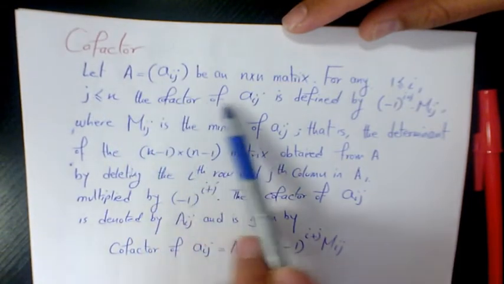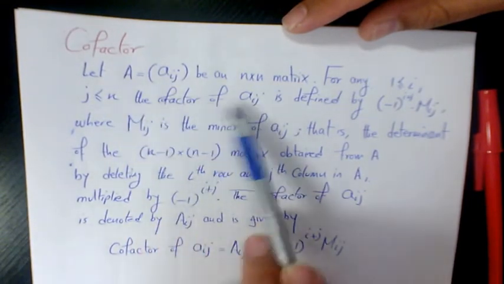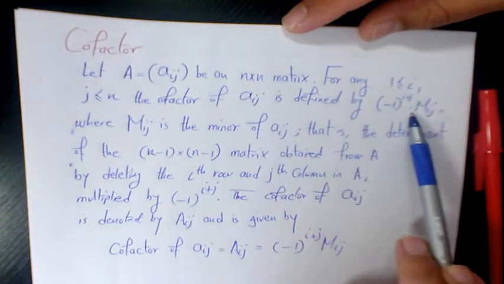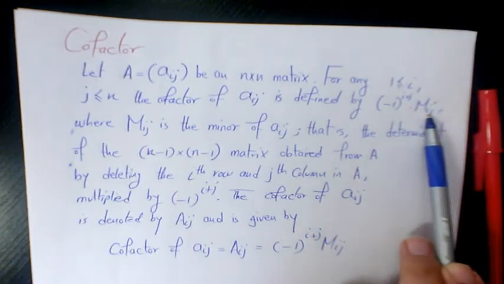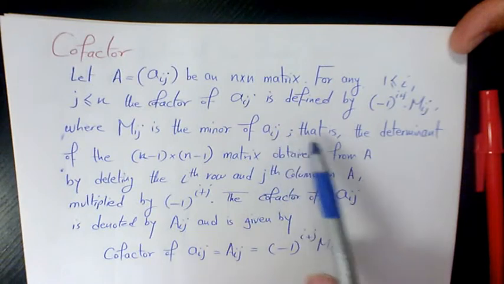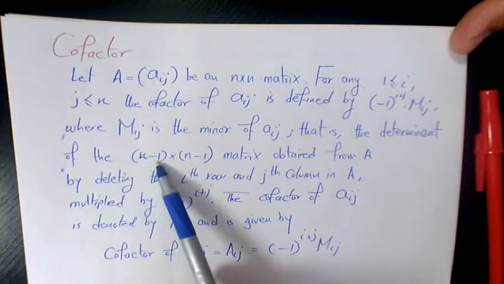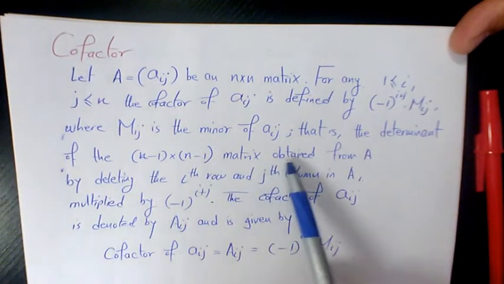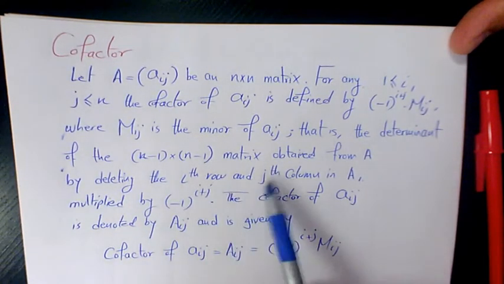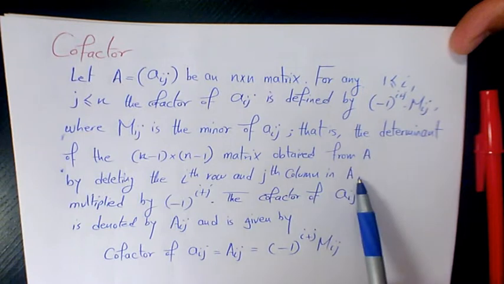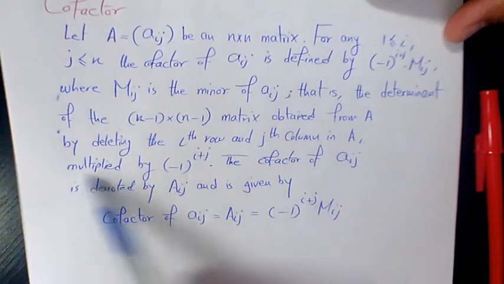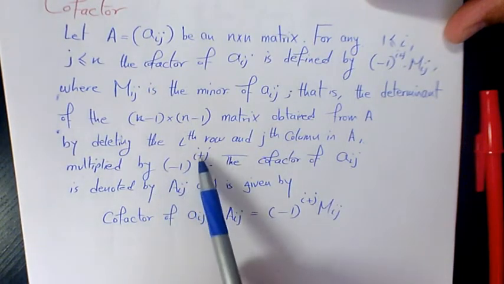The cofactor of aij is defined as -1 to the power of i plus j times the minor Mij, where Mij is the minor of aij, that is the determinant of the n minus 1 by n minus 1 matrix obtained from A by deleting the ith row and the jth column in A, exactly like what we saw in the previous example, multiplied by -1 to the power of i plus j.